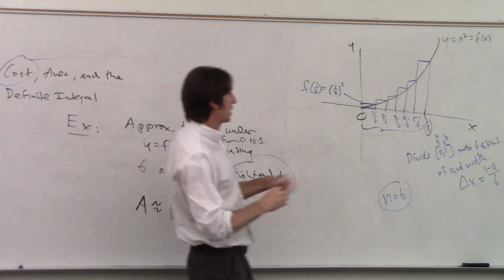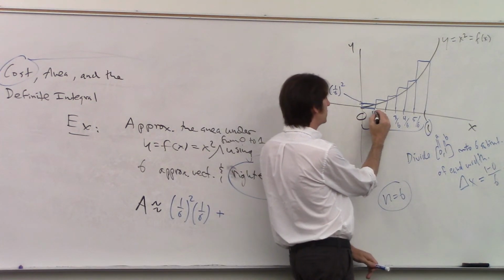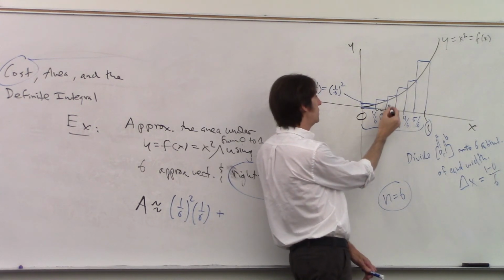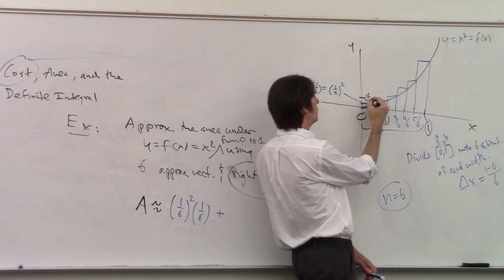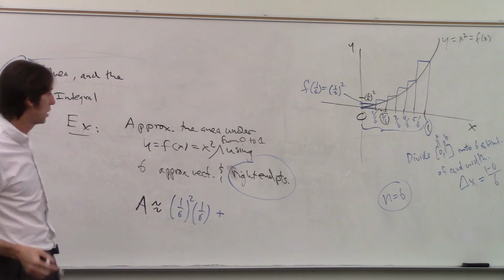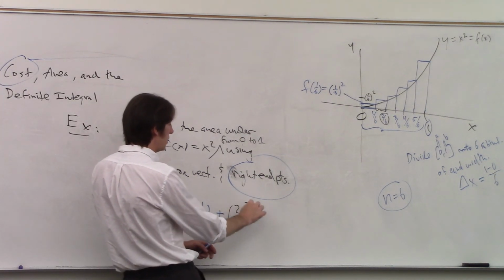For the next approximating rectangle, again the width is 1/6, and to get the height, I plugged 2/6 into the function. So this second height is 2/6 squared, again because the squaring function is the function I'm working with. So we would have 2/6 squared times 1/6.